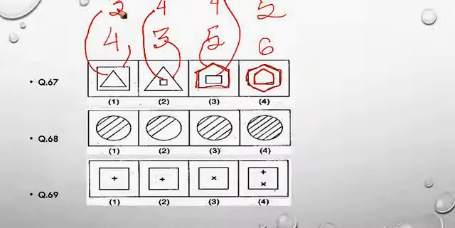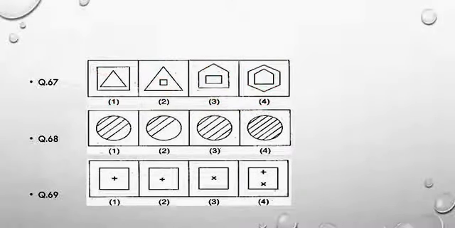So the inside design has one side less than the outer design in case of problem figures 1, 3 and 4, whereas in case of problem figure 2, the number of lines in the inside figure is actually one more than the number of lines in the outer design. So option 2 is the answer.